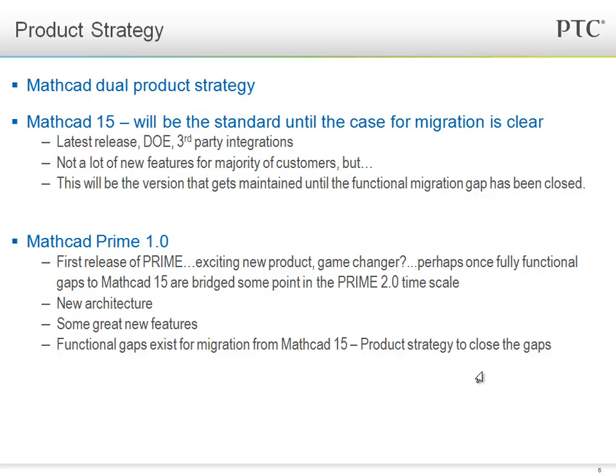So there weren't a whole lot of new features from 14. But I do want to point out that 15 will be maintained until all the features in Prime get caught up, right? So we will be releasing Prime on a yearly basis, but we will also be maintaining Mathcad 15 until we're all caught up, and then 15 will eventually be dropped.